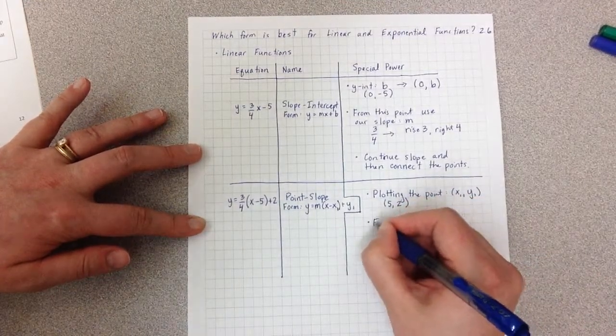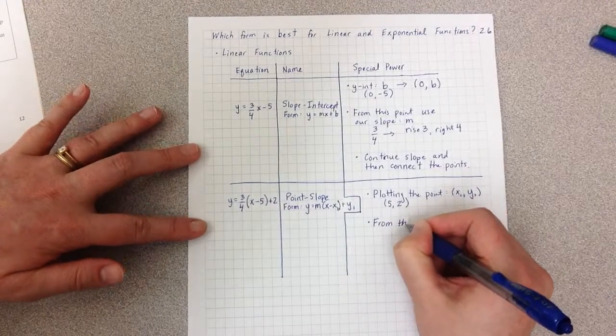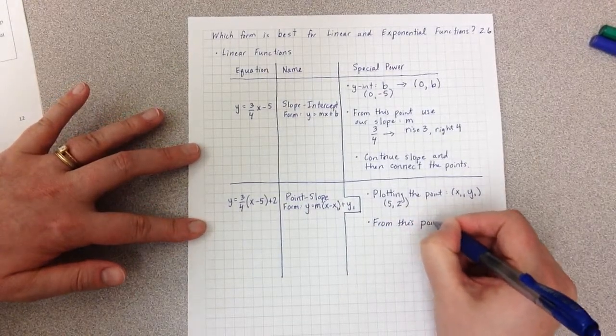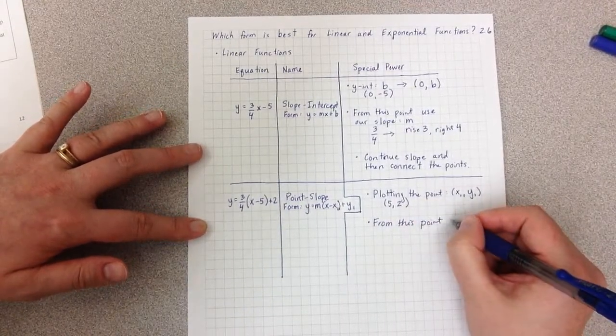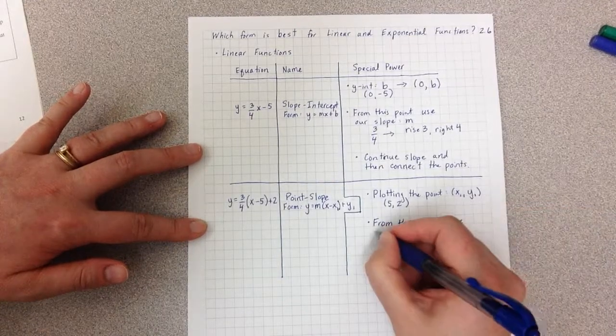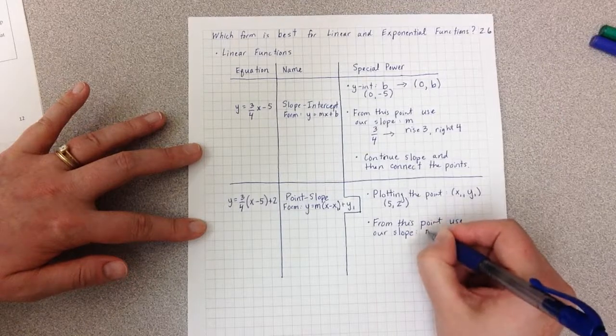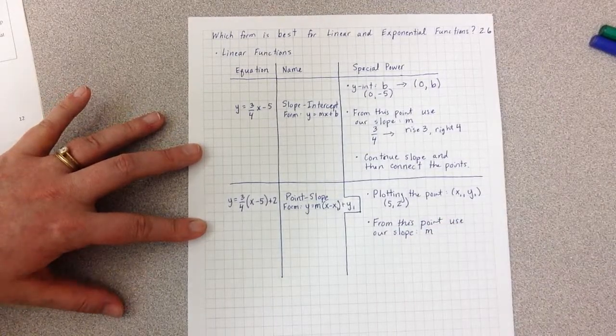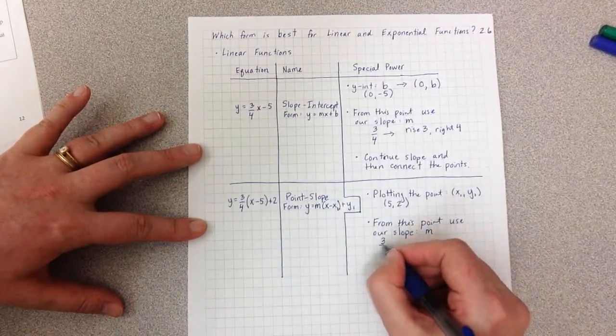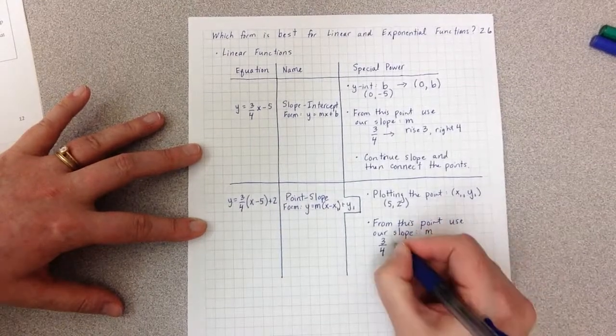And then from this point, we use our slope, which again is represented by the letter m, and in this case, 3/4.